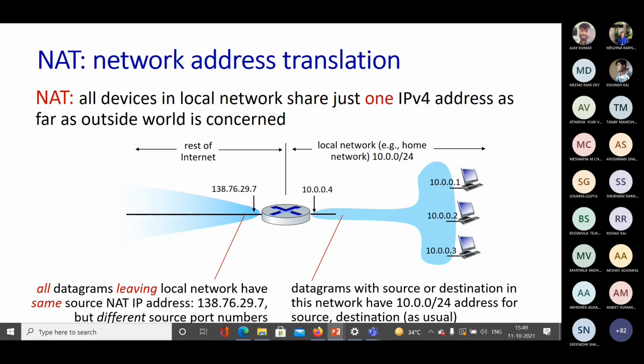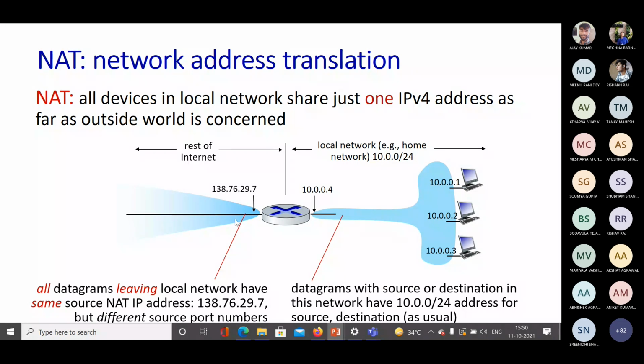Now for the rest of the internet, this router has an interface which connects it to the rest of the internet, and that interface is given an IPv4 address 138.76.29.7. Now if a data packet has to arrive at any one of the hosts here, the destination address for the rest of the internet is going to be just 138.76.29.7.